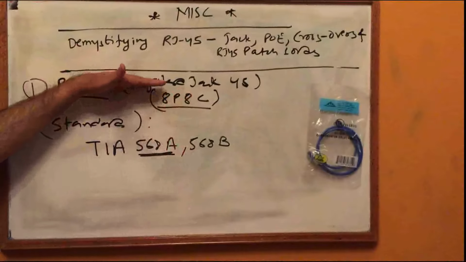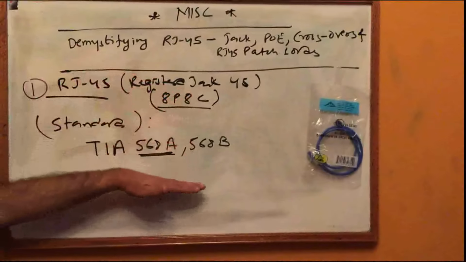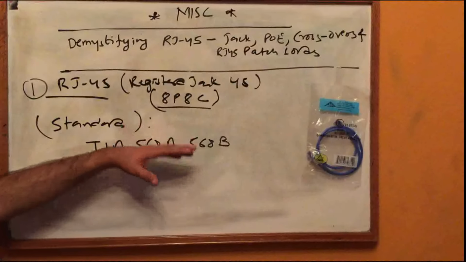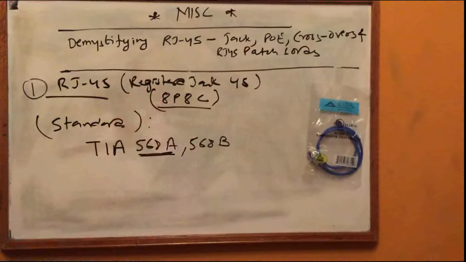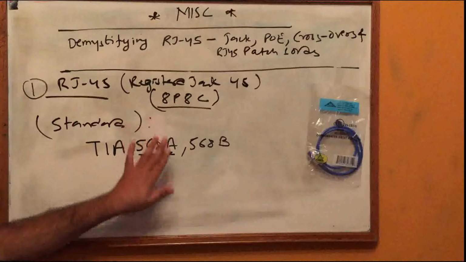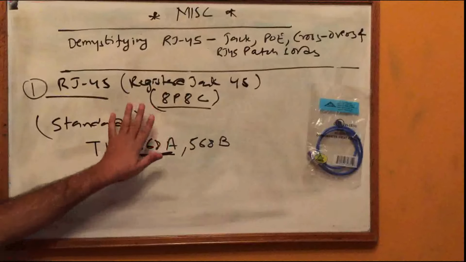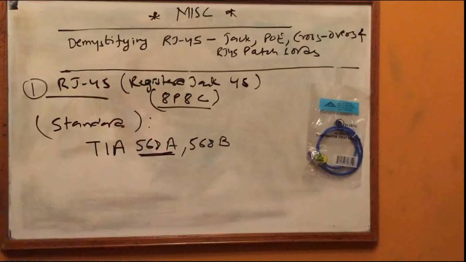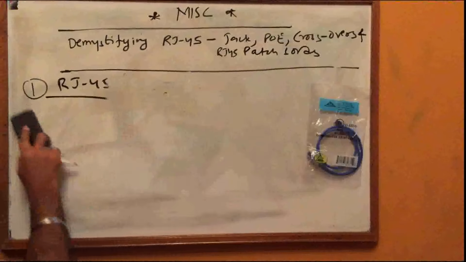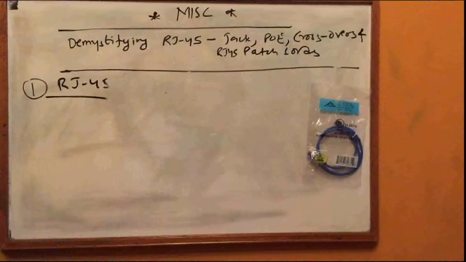The standard surrounds RJ45, but it is correlated: there is a jack, there is a color coding, and there is how you make a patch cord, or how you use the jack to put the wires inside, and it explains everything. So this standard is about how to connect the wires using RJ45. So let's talk about the colors.